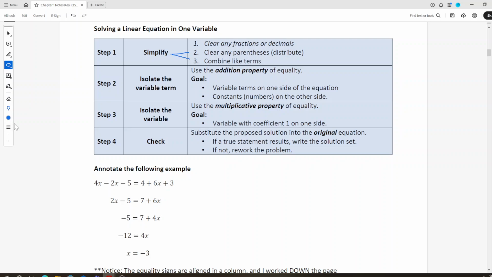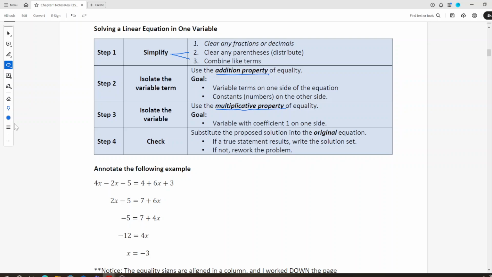Then you're going to isolate the term that has the variable in it using the addition property of equality. And then we're going to isolate the variable itself by using the multiplication property. And then you're going to check to make sure that your answer is correct. If it comes out not correct, restart from the beginning or find your mistake.